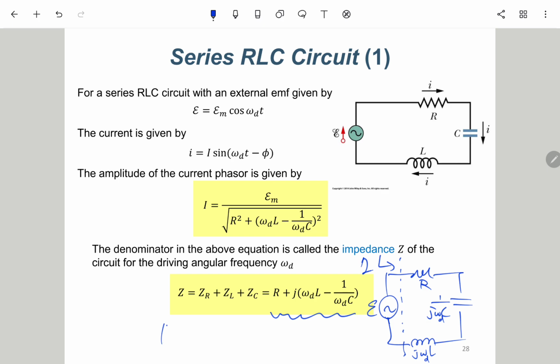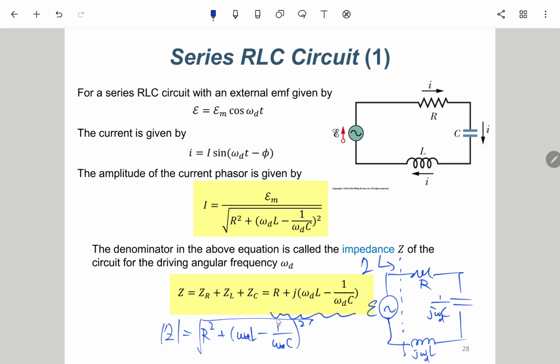If you take the absolute value of this complex number, it will be the square root of R squared plus the imaginary part, ω_D L minus 1 over ω_D C, squared. This is the absolute value of a complex number: the real part squared plus the imaginary part squared, and then take the square root of the whole term.